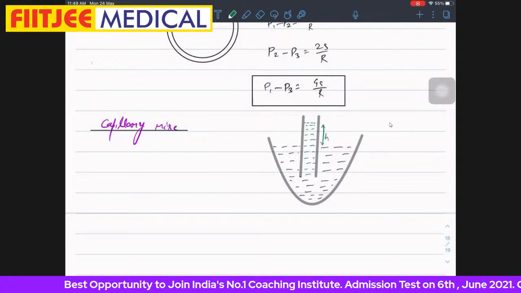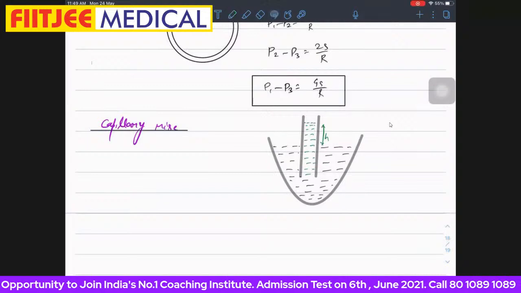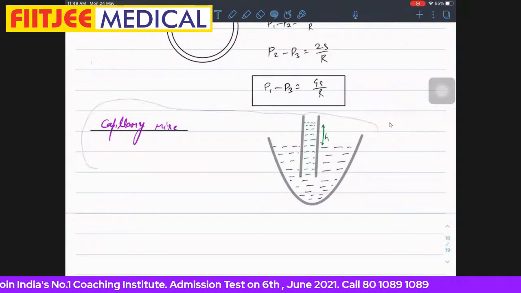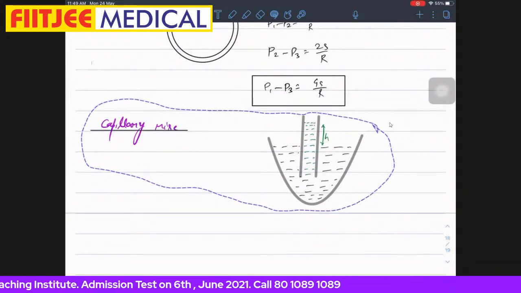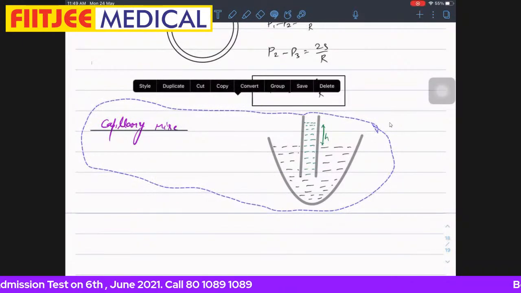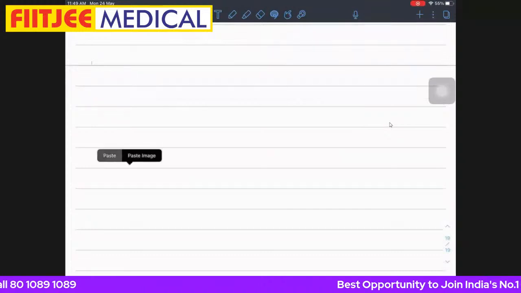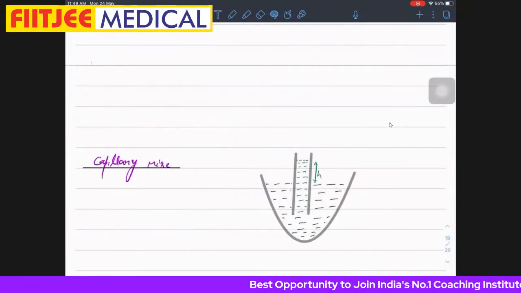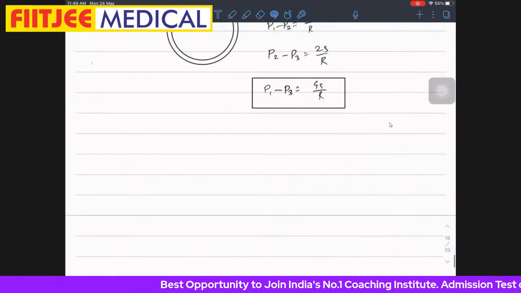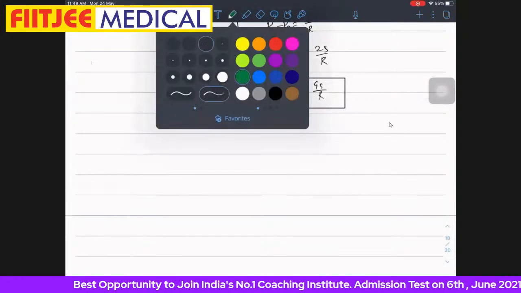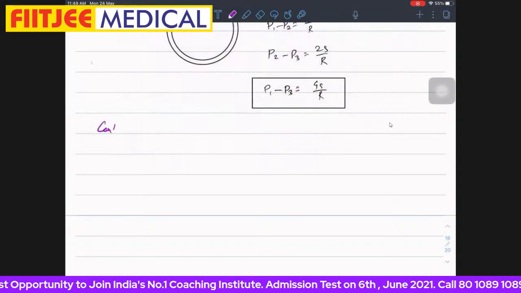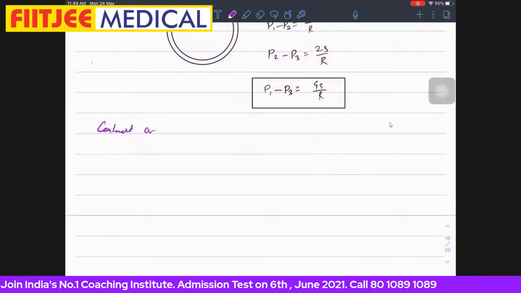So why does it happen? This happens because of surface tension and angle of contact. So before I explain this capillary rise, one concept is there that is called contact angle. So what is contact angle?